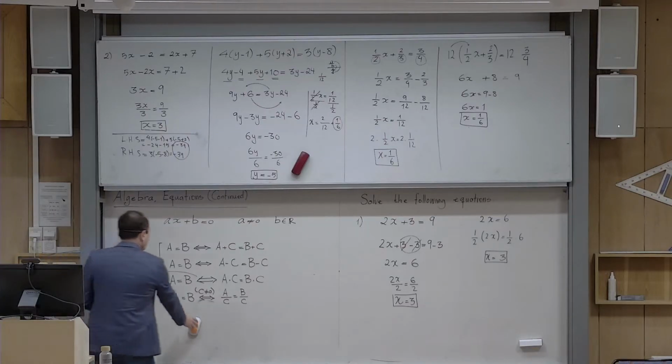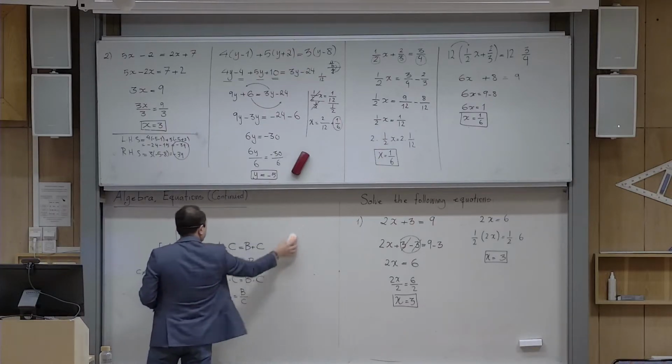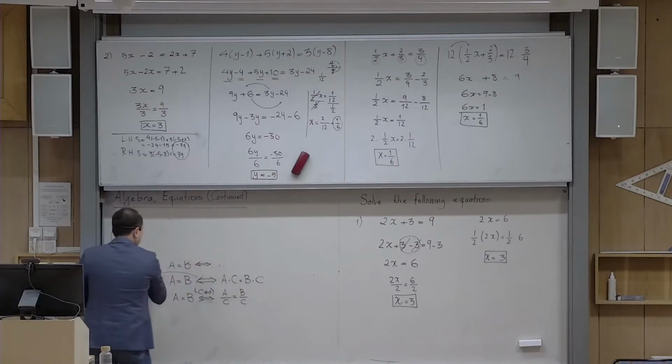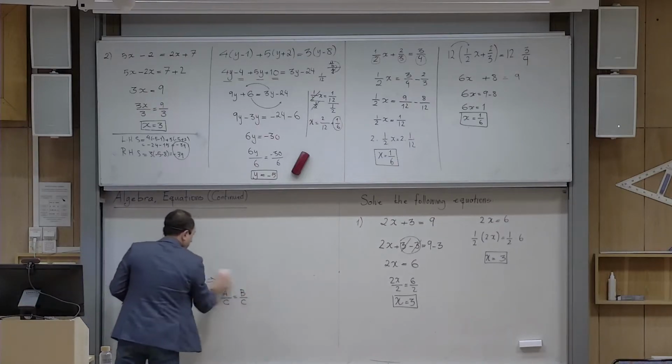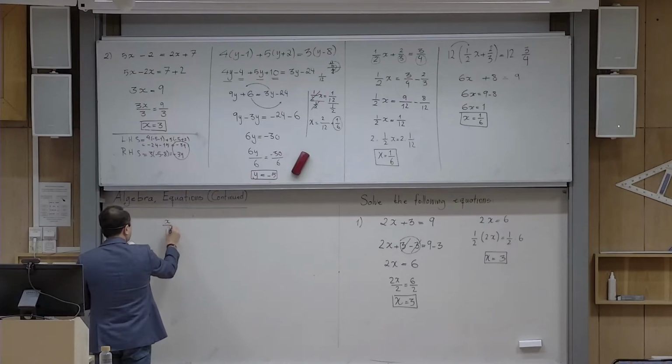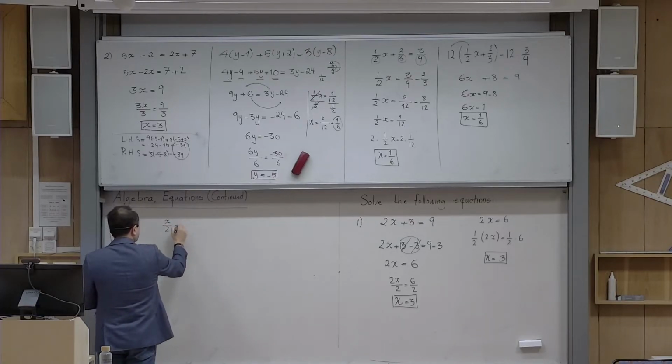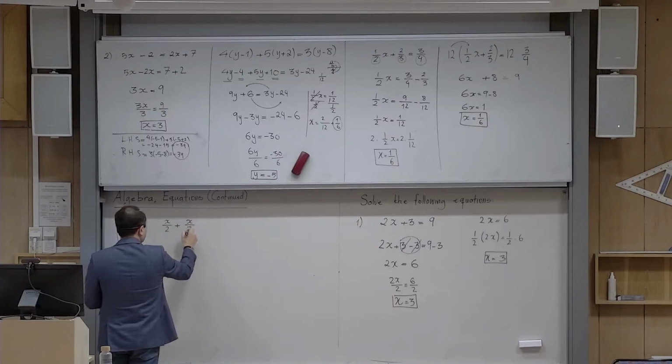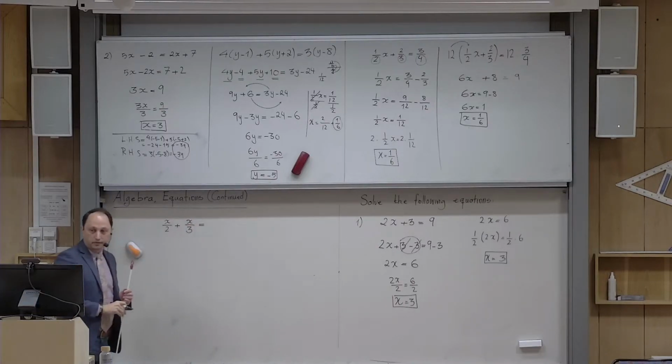For example, let me write another one here for you. I give you x over 2 plus x over 3 is equal to 10.